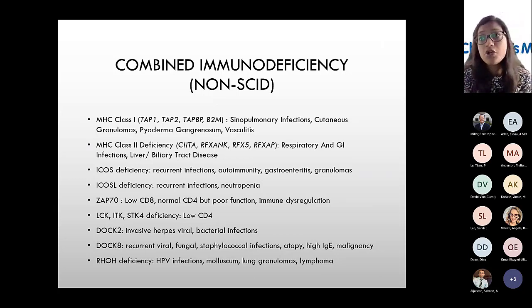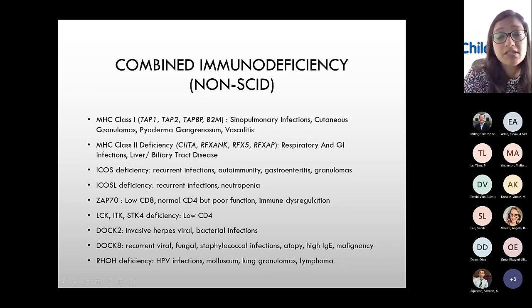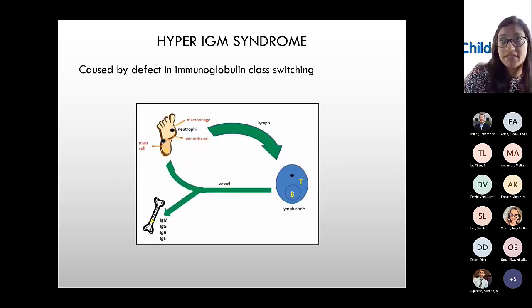Don't want to go over each of these genes, but you want to know some of these features: MHC class 1, class 2 deficiency, or bare lymphocyte syndrome, or some of these patients can present with a variety of different infections. Just keep in mind that even if it's not SCID, some of these patients who present with either low T cells or abnormal function of T cells can have different reasons for presentation.